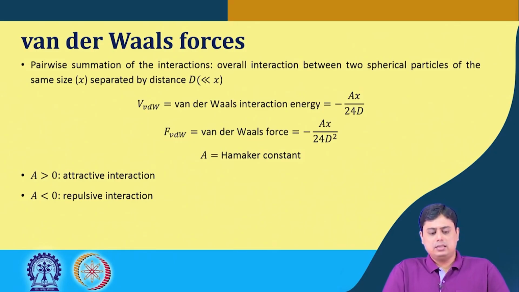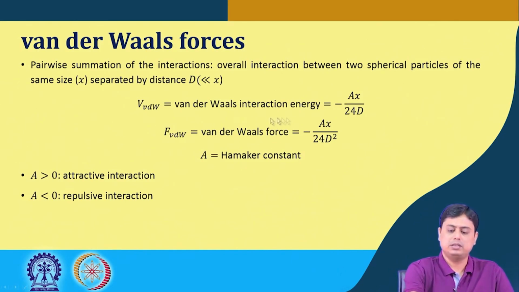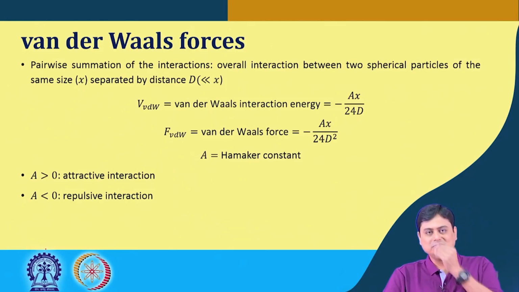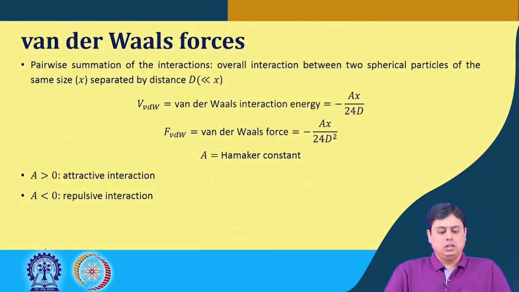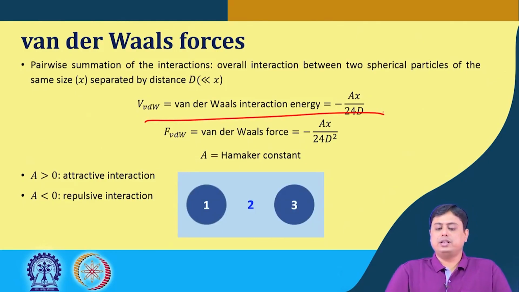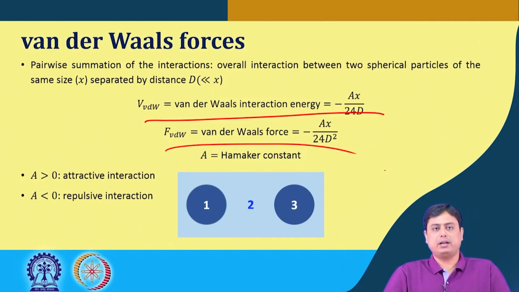In this case, the van der Waals interaction energy can be estimated by this expression. This is the van der Waals interaction energy and this is the van der Waals force expression, where A is the Hamaker constant.